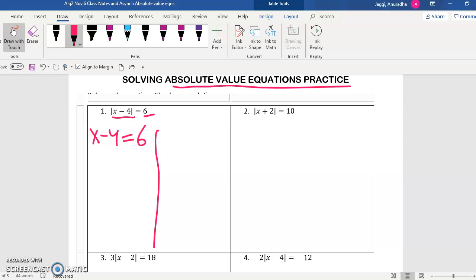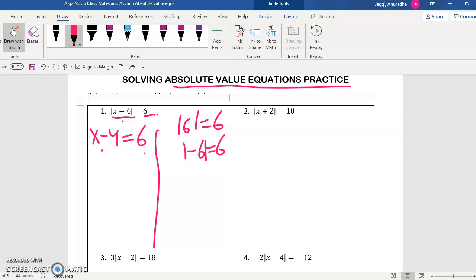Now we know that the absolute value of 6 is 6 and the absolute value of negative 6 is also 6, right? So if x minus 4 is equal to 6, the absolute value of that is 6, so I can replace my x minus 4 with 6 and solve for x.